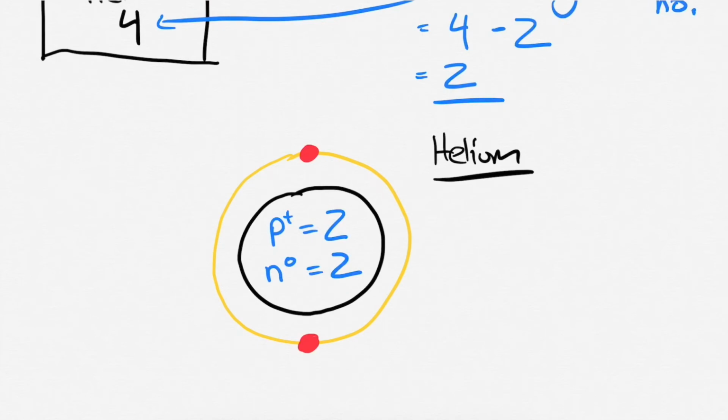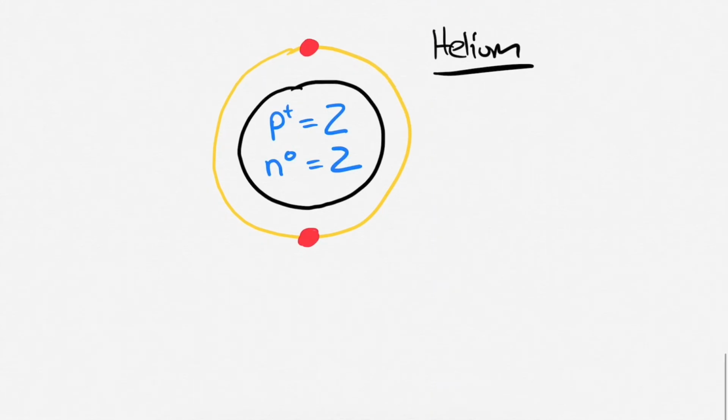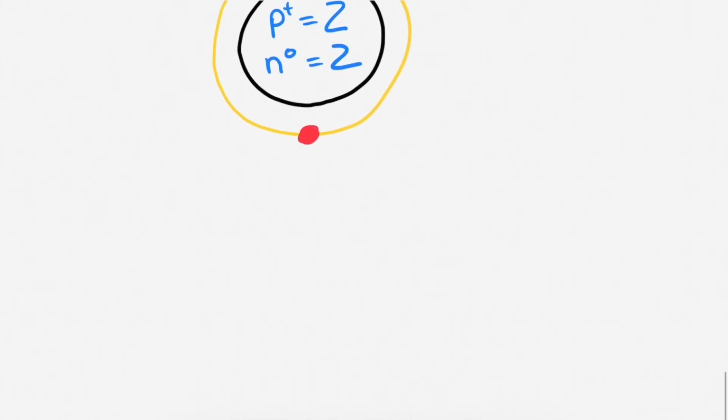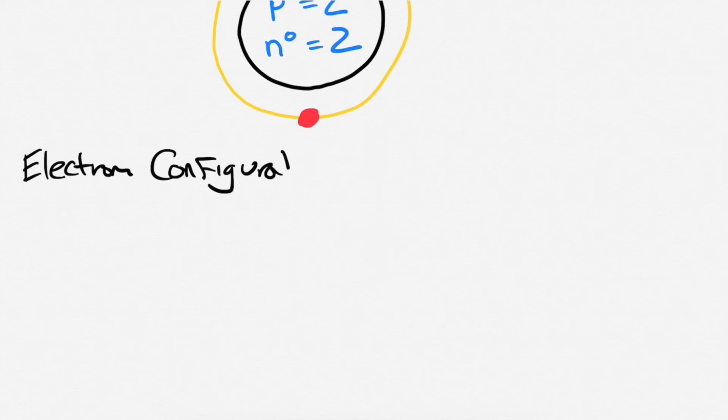So there's one more thing that I want to talk about, and it gets to how important the number of electrons are in the outer shell. Now, chemists love to talk about two things when it comes to Bohr-Rutherford diagrams. The first one is electron configuration. And the second is valence electrons.